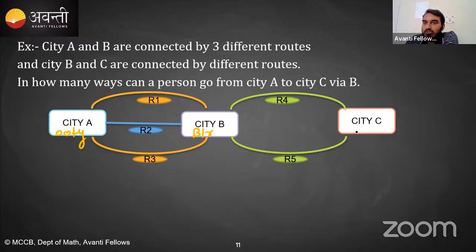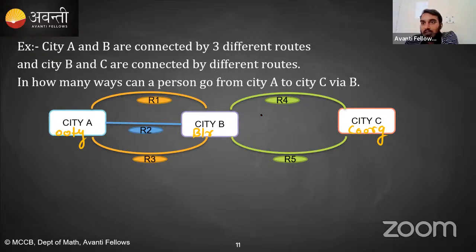Now from city B to city C, let's say city C is Kurg. So city A and city B are connected with 3 different routes, and city B and city C are connected with 2 different routes.